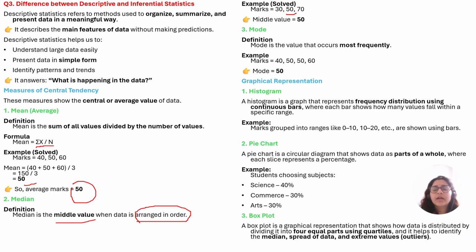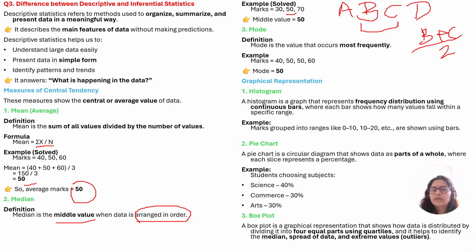That is the median. Suppose there is an even number of values, let's say four values A, B, C and D. What is the middle value in these four? You cannot tell the exact one middle value, right? So what you'll do is take the center two values, add B plus C, divided by 2.